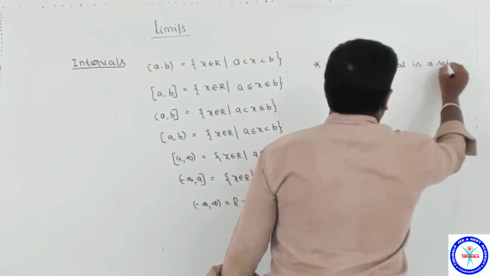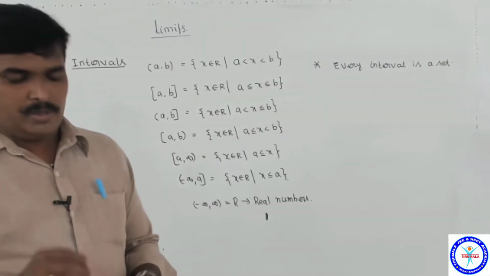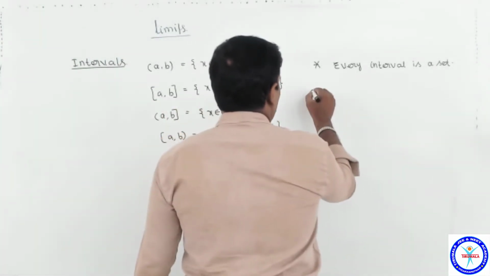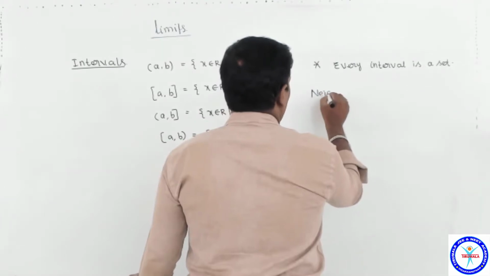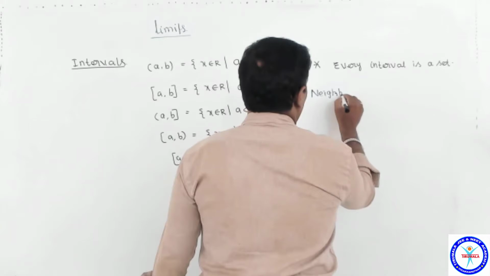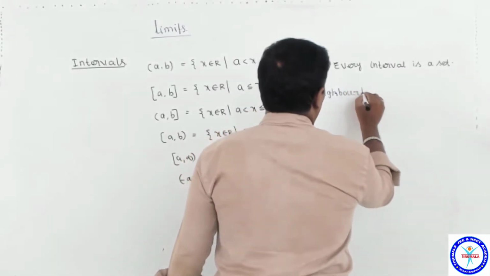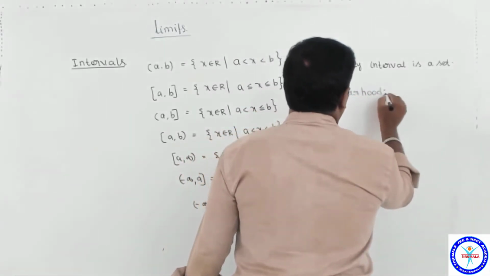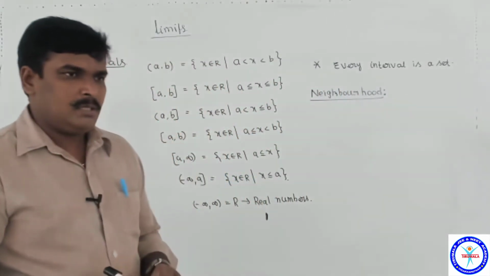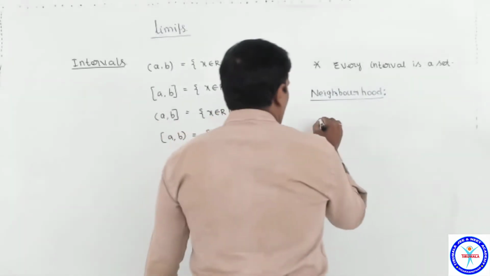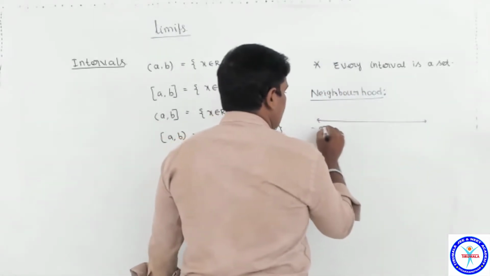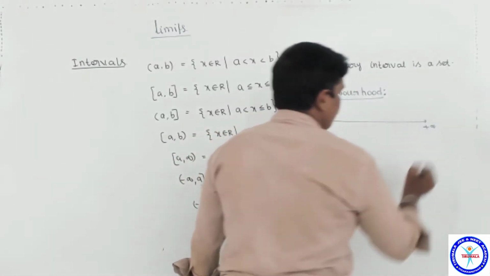Every interval is a neighborhood. What is meant by neighborhood? If you take a real line like this, this is minus infinity, this is plus infinity.